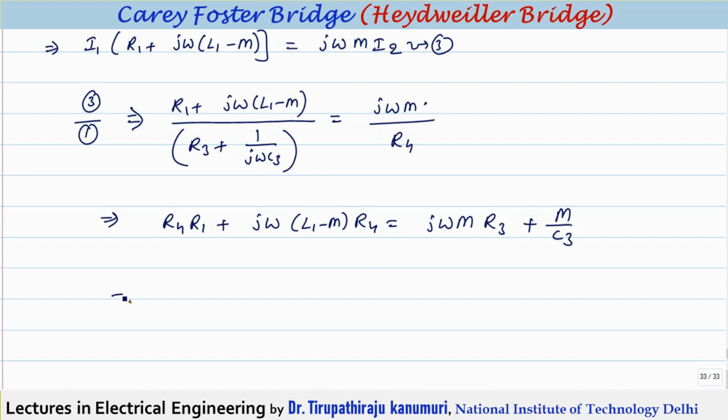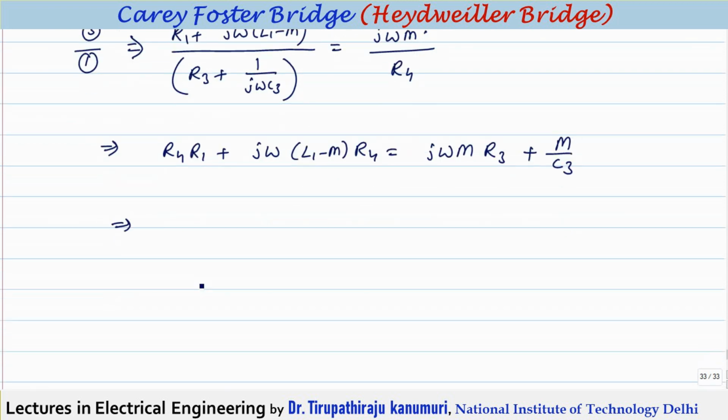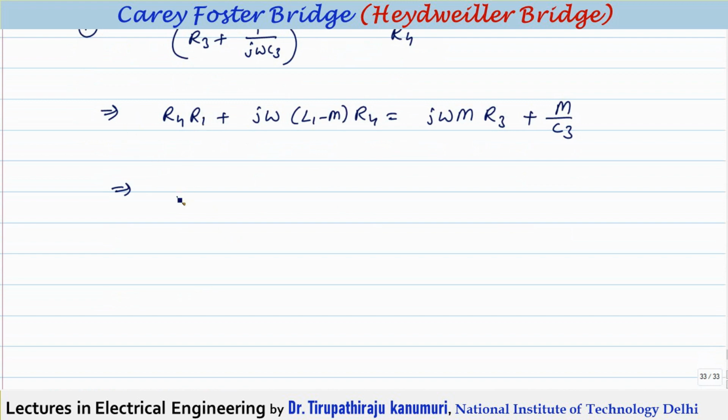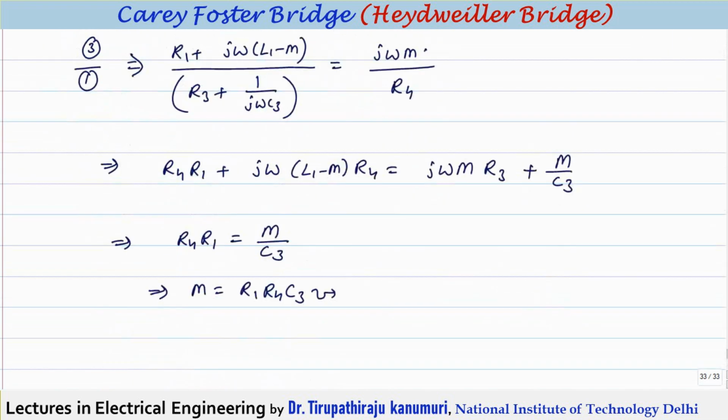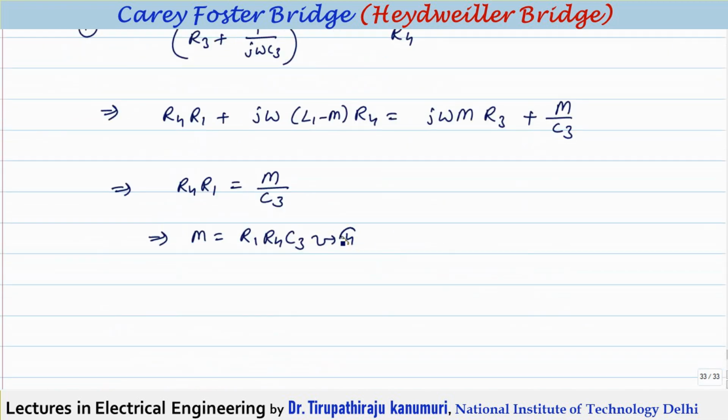Now comparing the real and imaginary terms on both the sides, we can tell R4 R1 is equal to M divided by C3. Or from this I can tell that M is equal to R1 R4 into C3. Let us take this as equation number 4. So we got the equation for the mutual inductance.